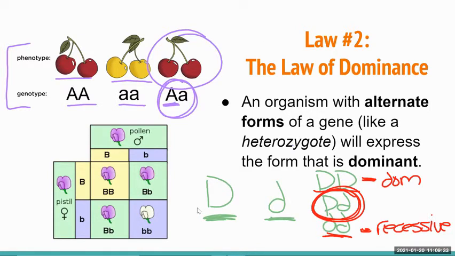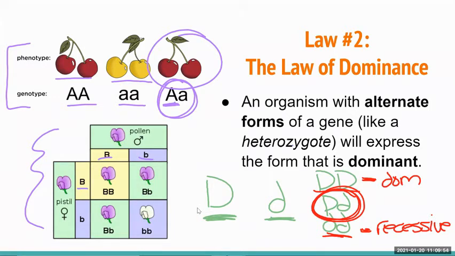Okay, here is another example of this law. So here we have a Punnett square for two flowers, both of which are heterozygous. So you have one big B, one little b. And our phenotypes are purple or violet flowers.